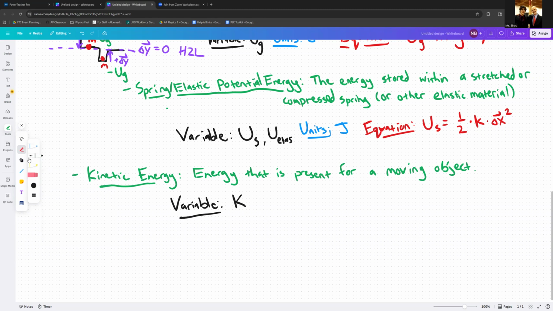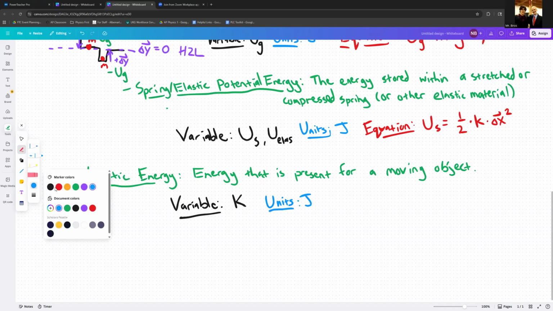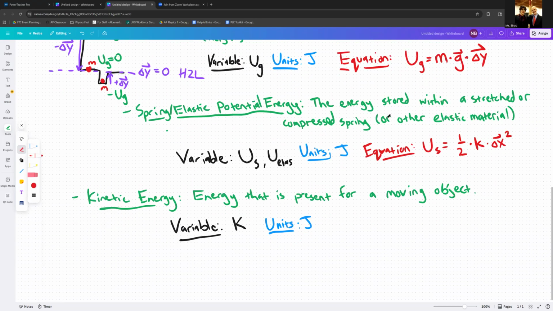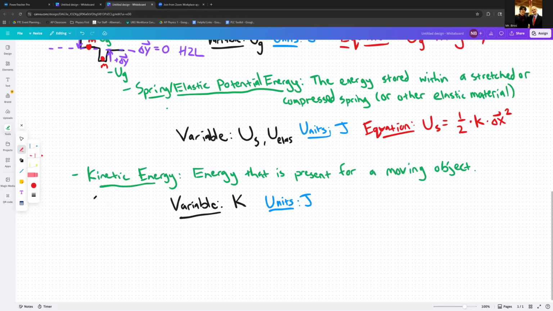All right, the units are also joules. All of our energy types will be measured in joules, just like all of our forces were measured in newtons. And remember, they are not the same thing. In fact, once we finish this, we'll talk about the units using these equations. We'll talk about what the units are for joules.